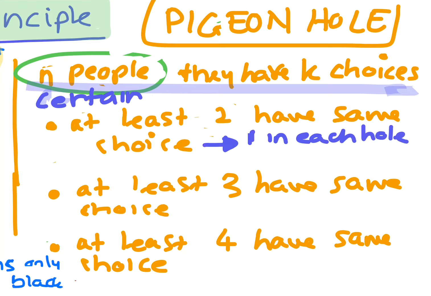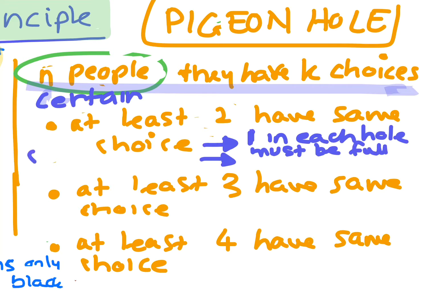Once you put 1 in each hole, the next person would have to have the same choice as one of those holes. So all the holes must be full.